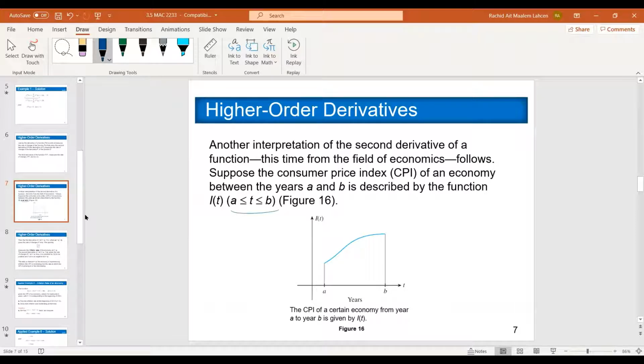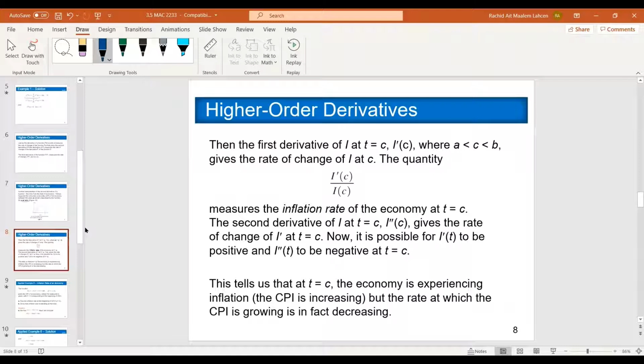So this blue function I of t, and years between A and B. You can differentiate, and when you compare this derivative with I, you're getting the inflation rate of the economy. So often you hear about the inflation rate, and now you know how it's calculated.